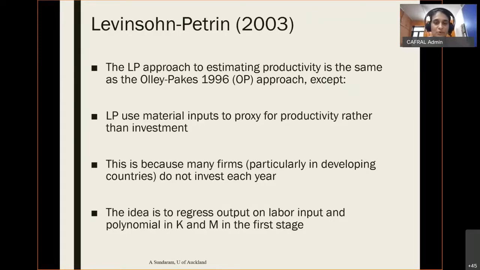Not all firms invest every year. So in order to avoid that problem, they use the material input instead of investments, and then you do exactly what you did with Olley-Pakes. So Levinsohn-Petrin is Olley-Pakes, but with materials as the proxy for productivity.